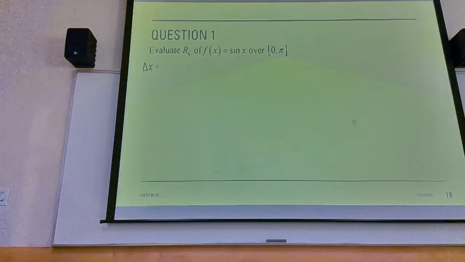Start with that. How long? What's the width of each subinterval? Only pi long, so pi over 6. Yes. I will list out each subinterval.